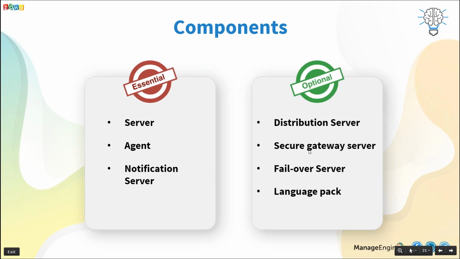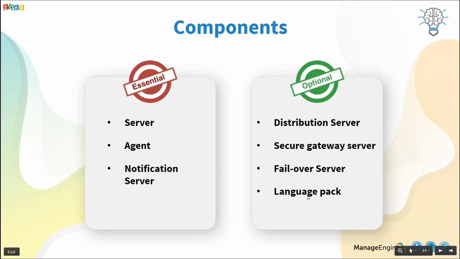This is useful if you're going to manage machines that are not a part of your LAN, which means machines connecting over the internet. We also have the failover server. In case you want high availability, you can make use of this optional component, which is separately licensed. And you can also make use of the language pack to list the web console in your preferred regional language.